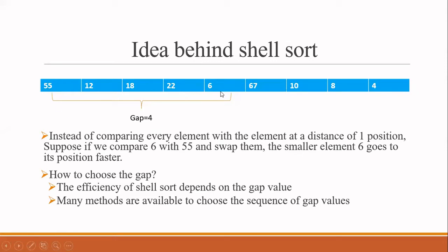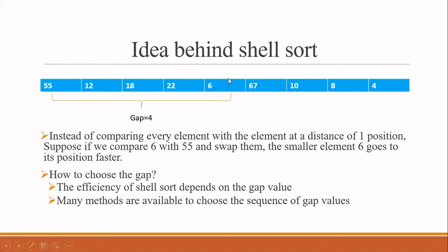In how many comparisons has 6 been moved to the first position? In one comparison. But if you go for insertion sort, you have to do 4 comparisons to bring 6 to that particular position. Now, in one comparison, we bring 6 to the first position. That means when your smaller number appears at the end of the list, few comparisons are needed to bring the number to the correct position. That is the reason they go for shell sort.